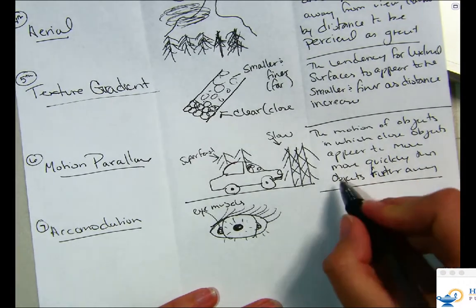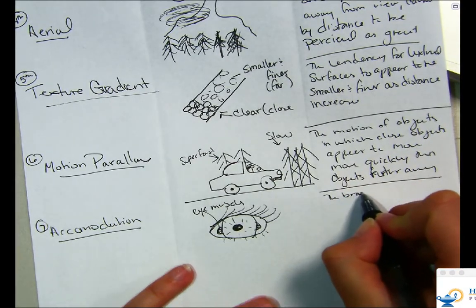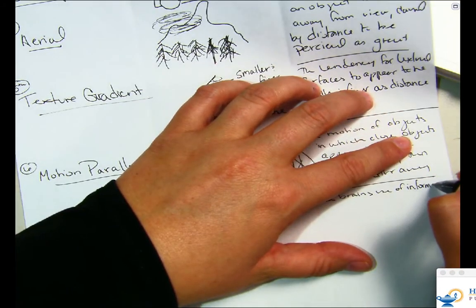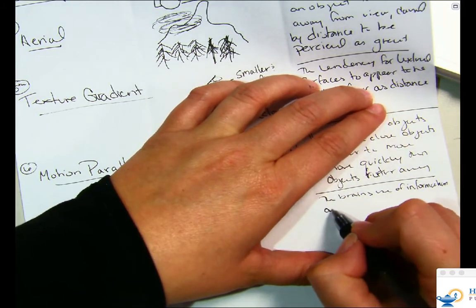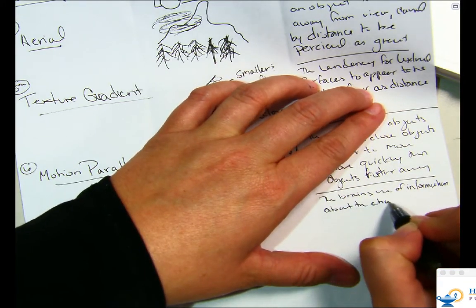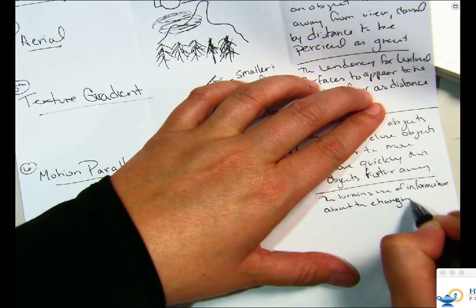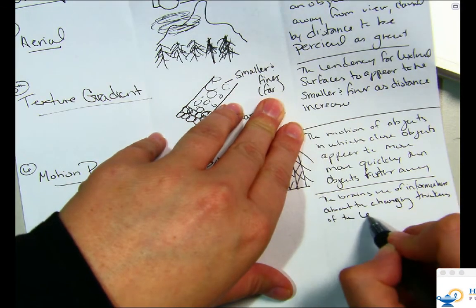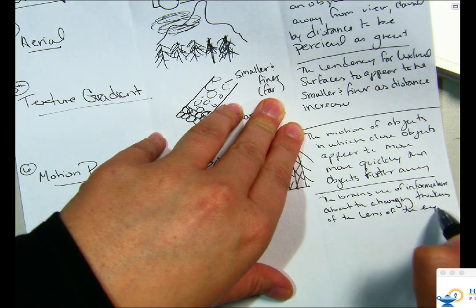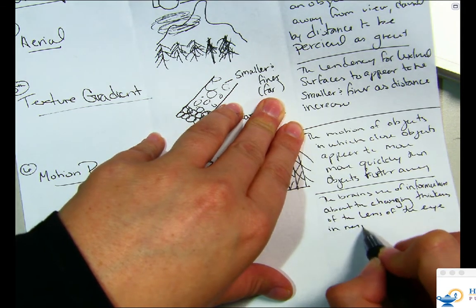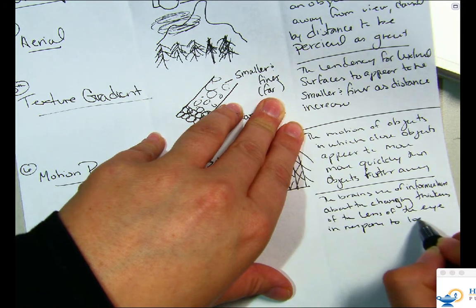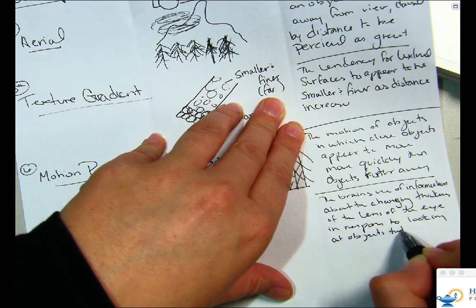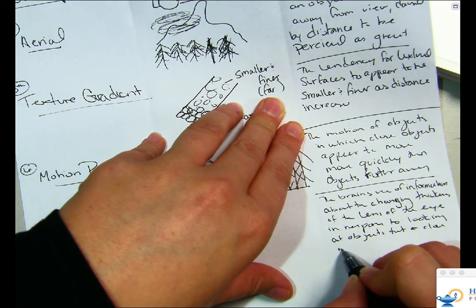So, the brain's use of information about the changing thickness of the lens of the eye in response to looking at objects that are close or far away.